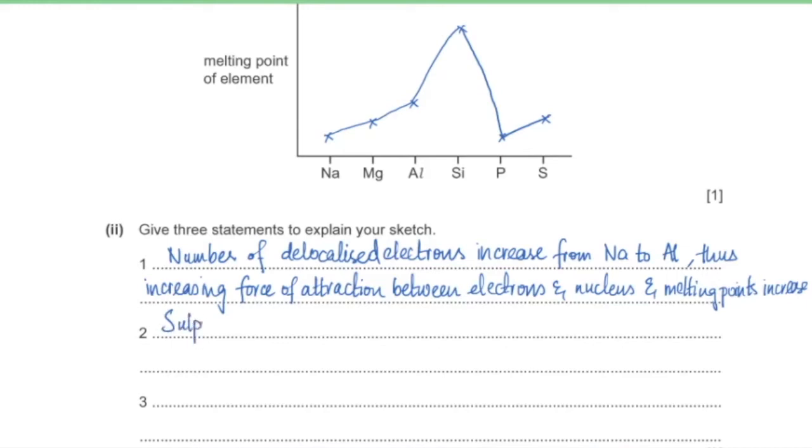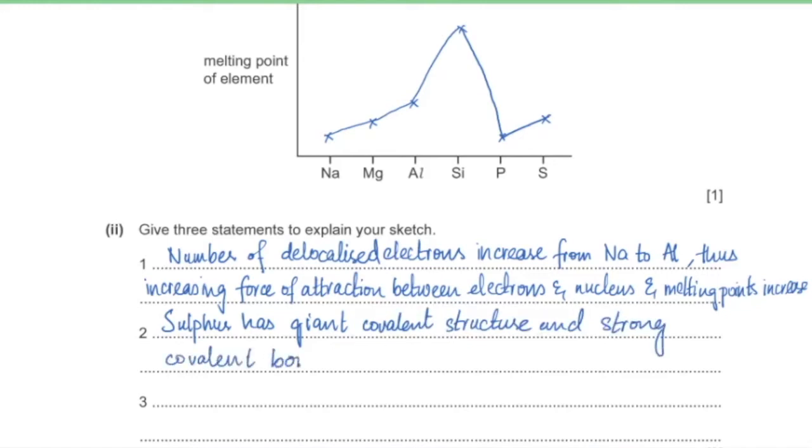So silicon has giant covalent structure and strong covalent bonds. That's why it has the highest melting point.